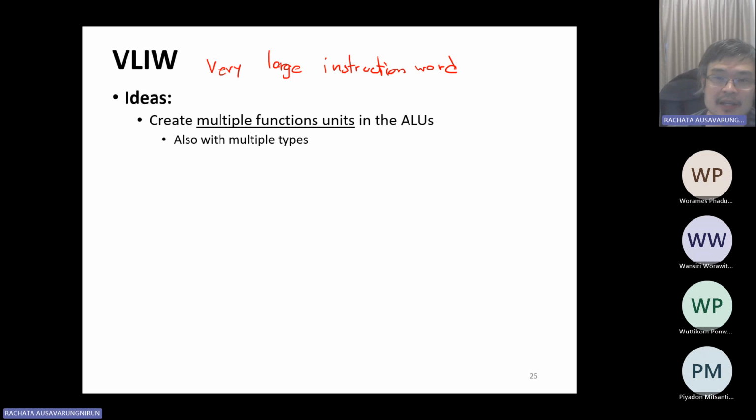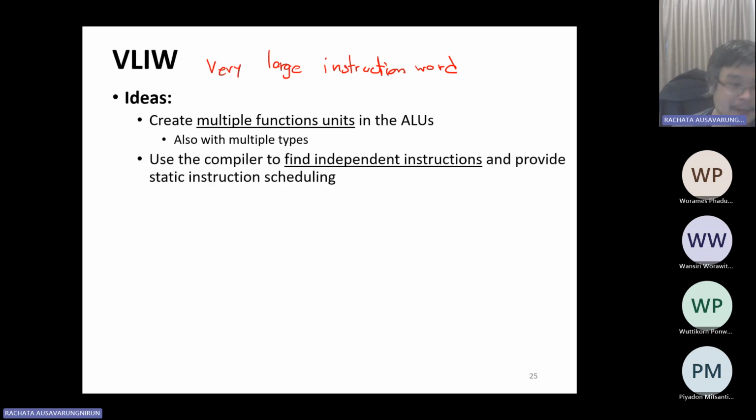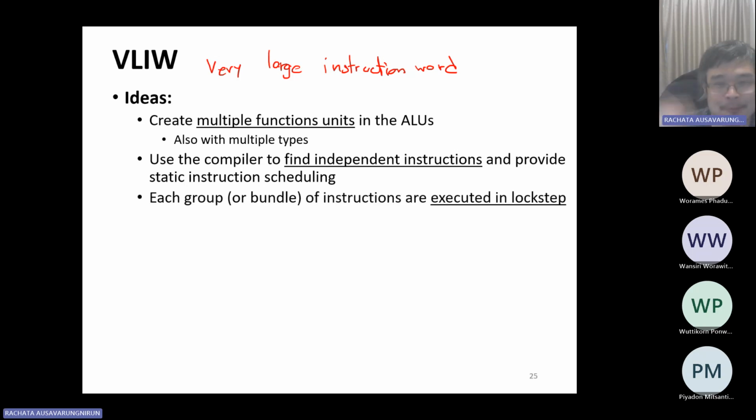All right, so the idea is I want to build a CPU with multiple functional units that has multiple types. Then I'll rely on a compiler to find independent instructions and squeeze them into one single instruction. Each group, or each bundle, are instructions that execute in lockstep.